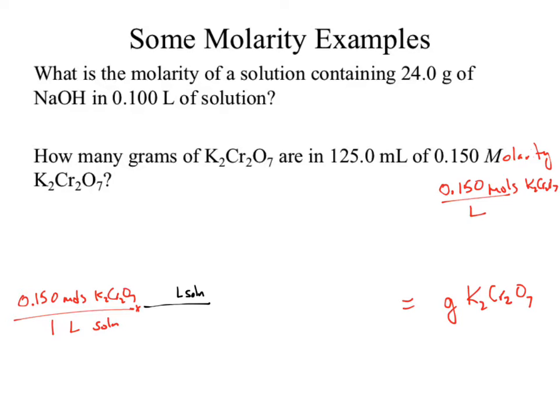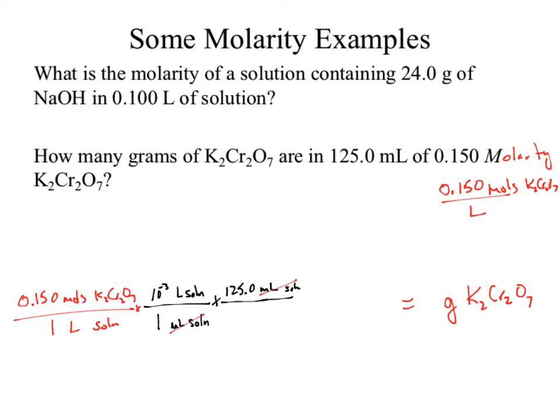Why milliliters? Because I know I've got milliliters given to me, so I can do milliliters of solution. That conversion factor, milli, means 10 to the negative 3 power, which goes with the core unit. The core unit is liters. Now times my volume, which in this case was 125.0 milliliters of solution.